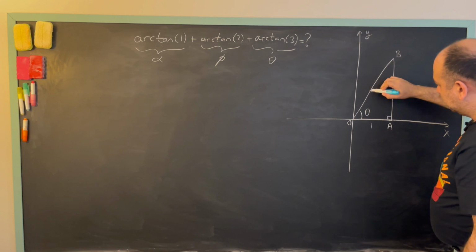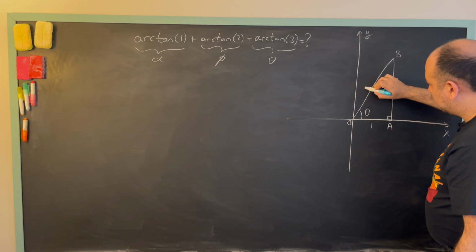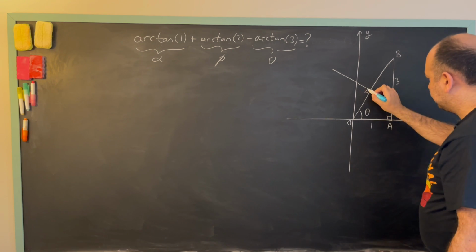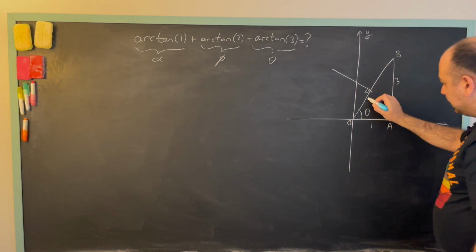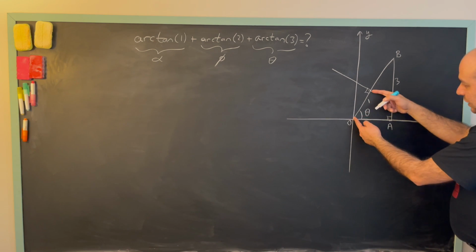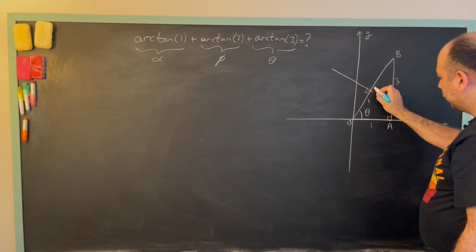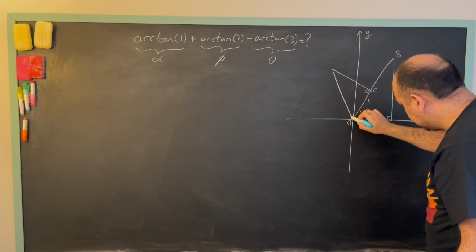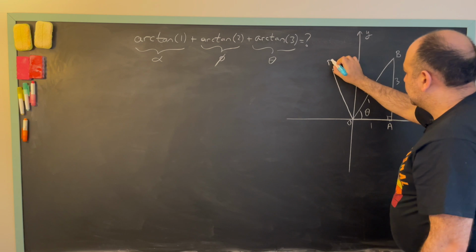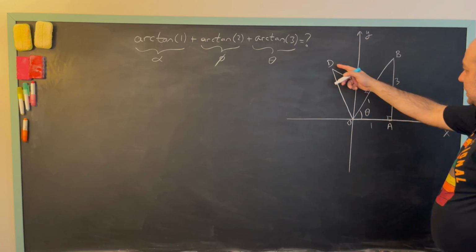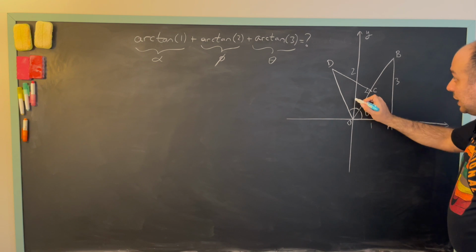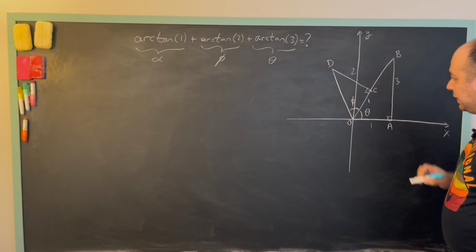So what I will draw here is a perpendicular to this guy. So this is my perpendicular. So this side will have length 1. And I'll call this point C. So I can simply connect this point. So this is D. So the distance between D and C is just 2. So this angle can be defined as phi.